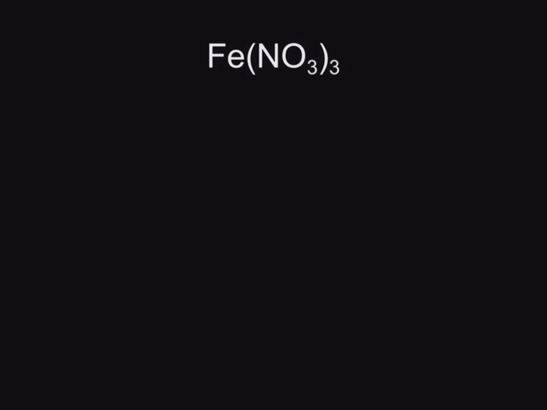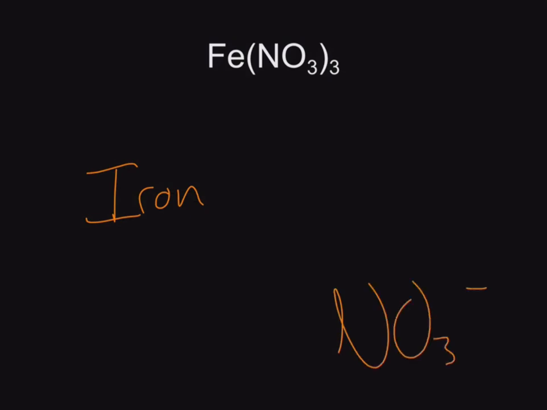So Fe(NO3)3. All right, so Fe is iron, NO3 is nitrate. So nitrate has a charge of -1. There are 3 of them. That's what the little parentheses and the little number 3 outside means.